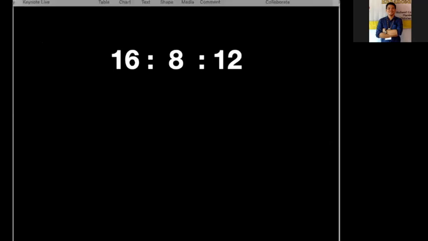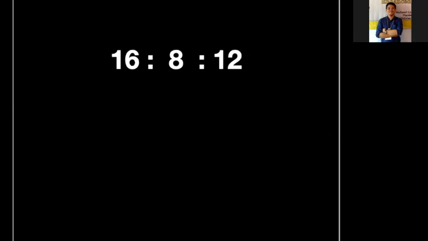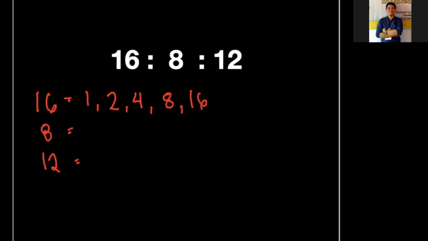Let's try to simplify this ratio. Okay, so we try to find the greatest common factor of 16, 8, and 12. For 16, we have 1, 2, 4, okay, we also have 8 and 16.